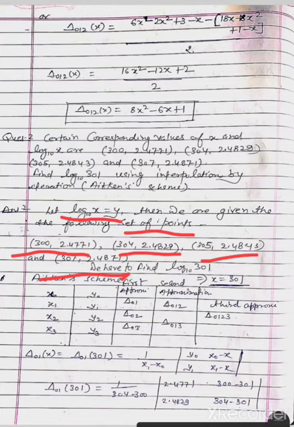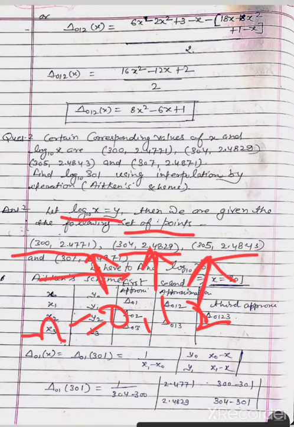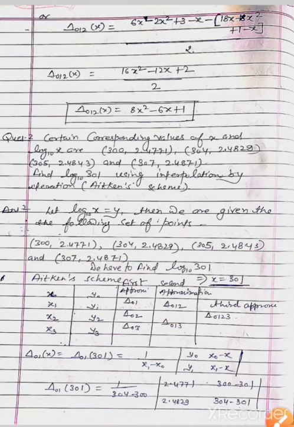We name them n equals 0, the 0th point, n equals 1, the 1st point, n equals 2, the 2nd point, and n equals 3, the 3rd point, as in the formulas of iterated interpolation. As we have discussed, the Aitken's scheme is represented here.